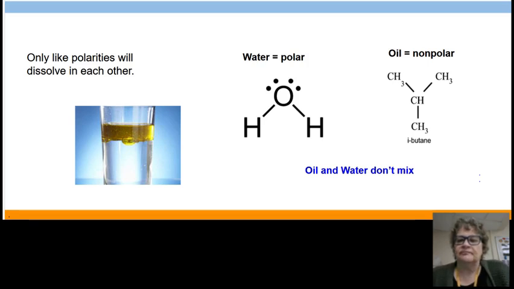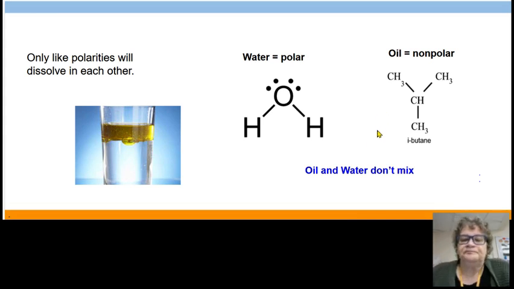This is butane, which is the oil, right? And it is non-polar, right? Because the outside molecules, right? These outside pairs are all the same.